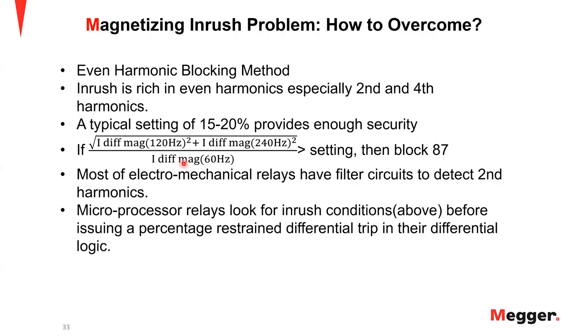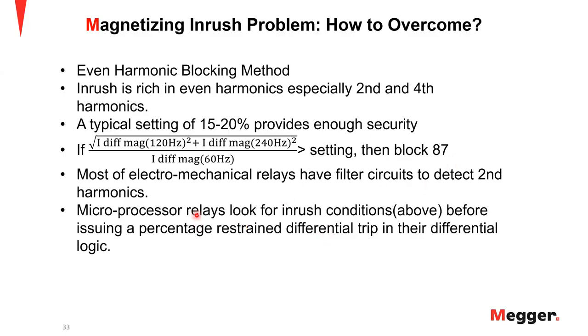When that calculation goes beyond a setting, then the relay blocks my differential operation, which means anytime my harmonic content in the currents is 15% or more compared to the fundamental waveform, it's going to block the differential, thinking that it's the time when the transformer is just being energized and nothing wrong is happening.